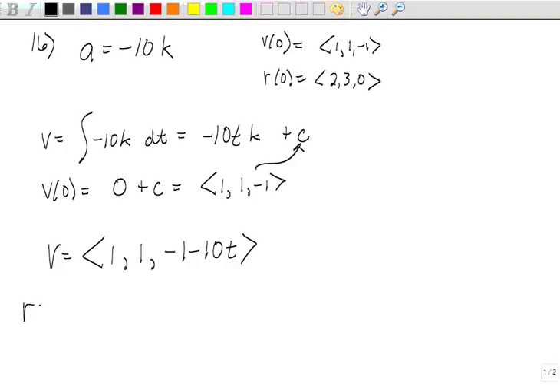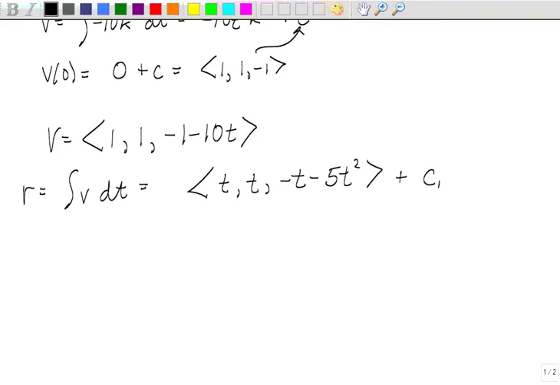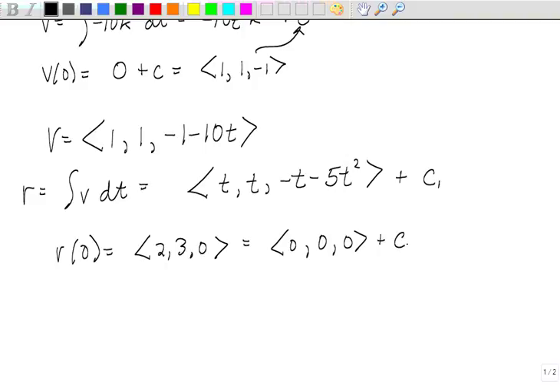So we're just going to replace that in here, and v is the vector 1, 1, negative 1 minus 10t. And then r is going to be the integral of the velocity vector, and that's going to be t minus 5t squared plus, let's call it c1, another constant. R of 0 is 2, 3, 0, which is 0, 0, 0 plus c1.